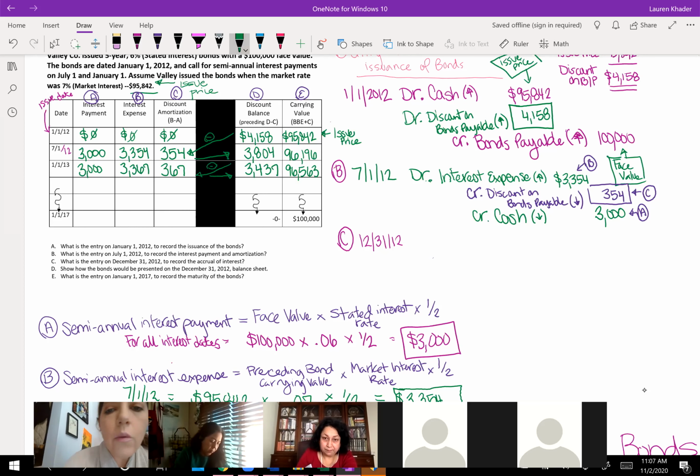Our journal entry will be similar to what we did on July 1st, but slightly different. We're still going to debit interest expense because we need to record interest expense.